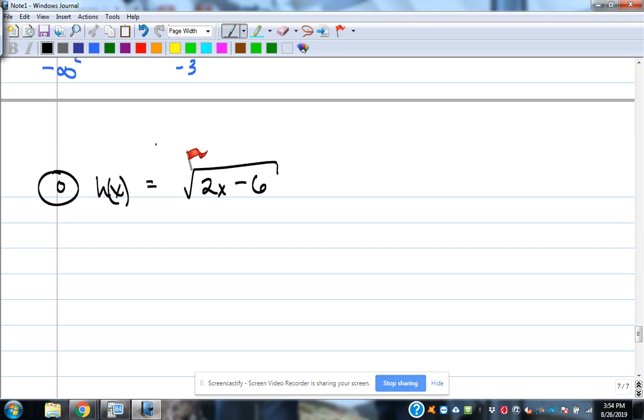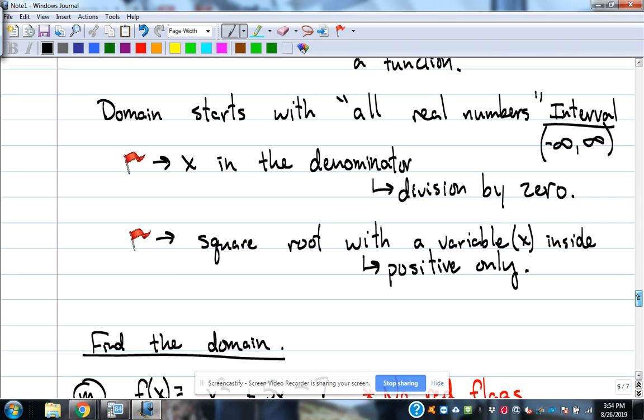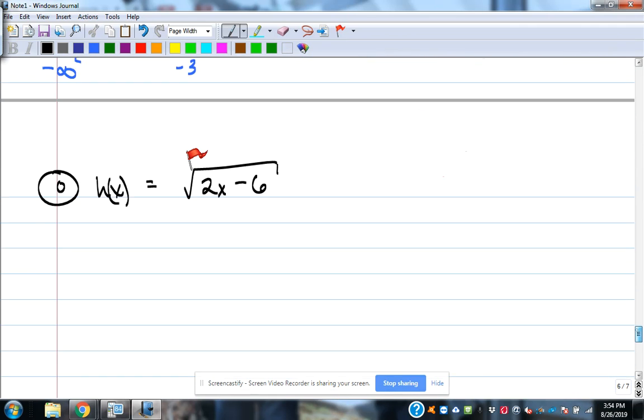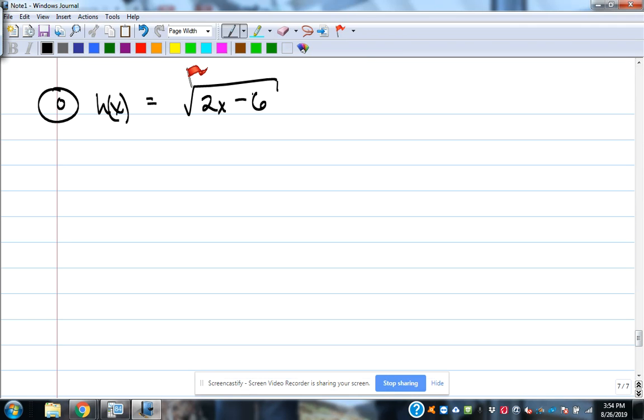Now, what are the only kind of numbers when we talk about domain that we can take the square root of? Positive only. So how can we guarantee that 2x minus 6 is positive?